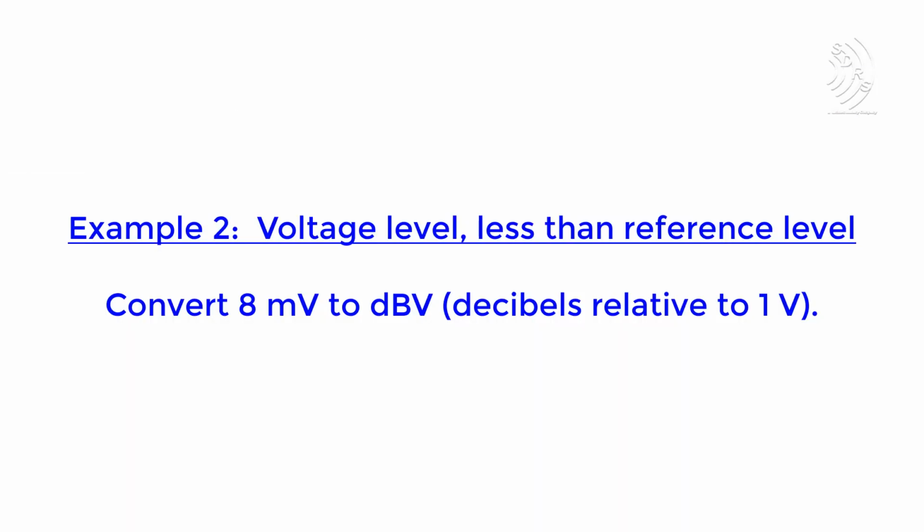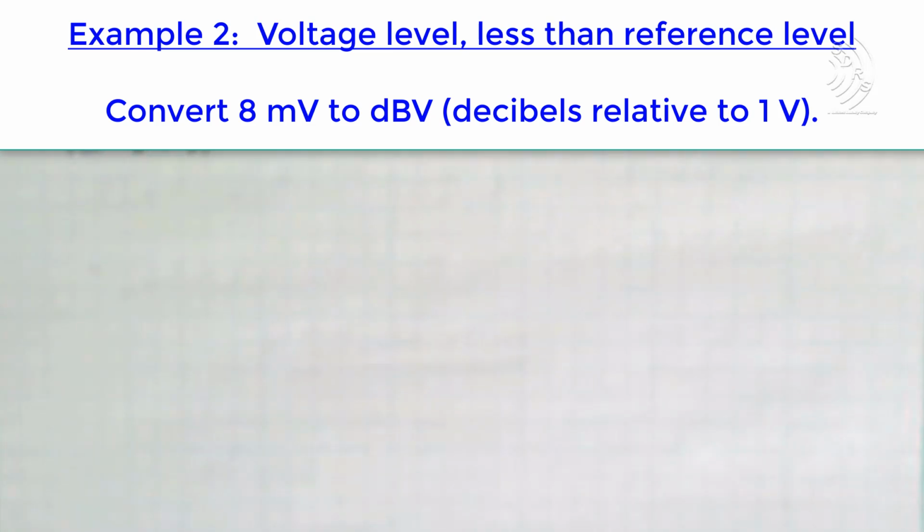In our second example, we'll consider a voltage level, and that level will be less than the reference voltage. We're going to convert a voltage level of 8 millivolts to dBV, which is decibels relative to 1 volt. Two things are different in this example.